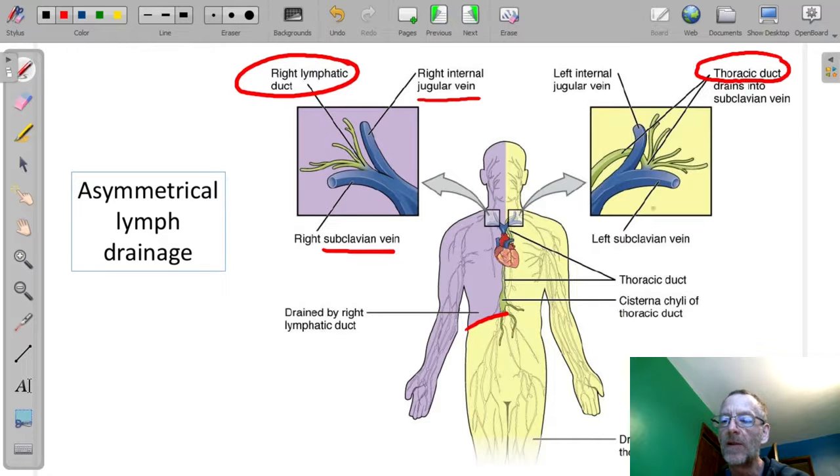Again, it merges where the left subclavian vein and the left internal jugular vein merge. So this is the thoracic duct for 3/4 of the body, all of the left side plus the right leg and all of the abdomen.